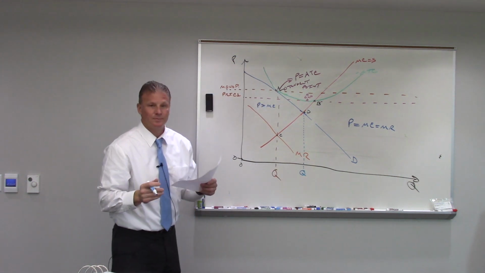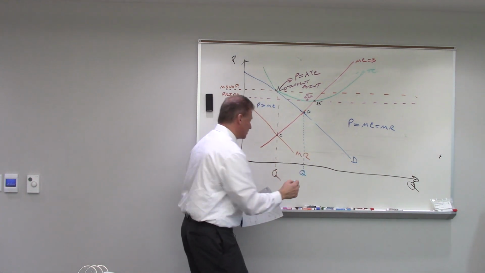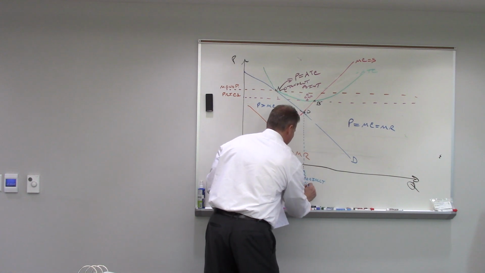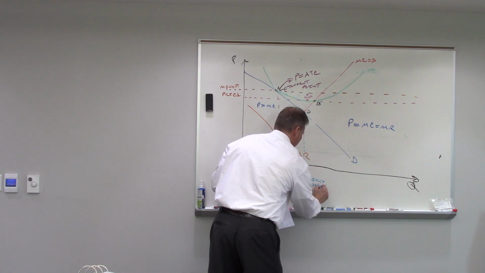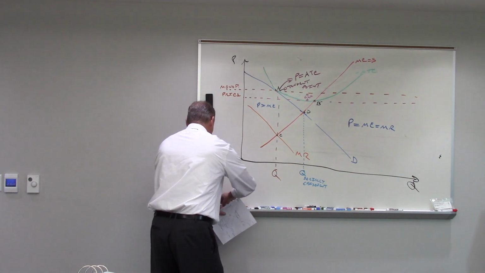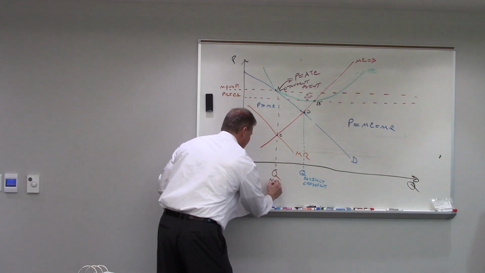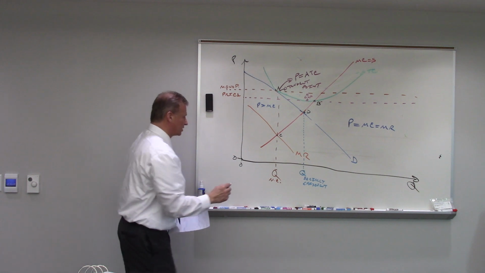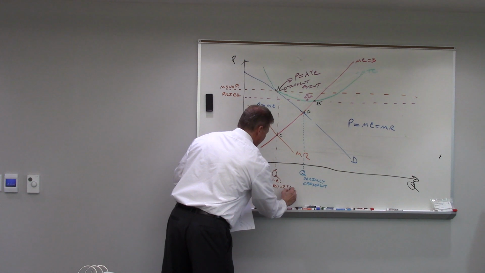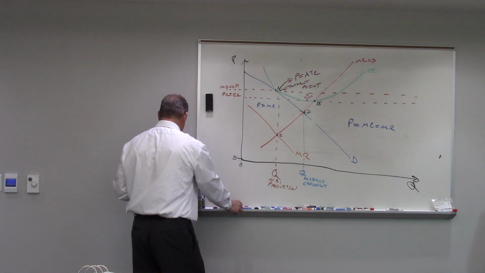We'll call this the socially efficient point. And this Q here, we're using light brown for that. This Q here is essentially the MC production point. Just trying to use what we've got here.